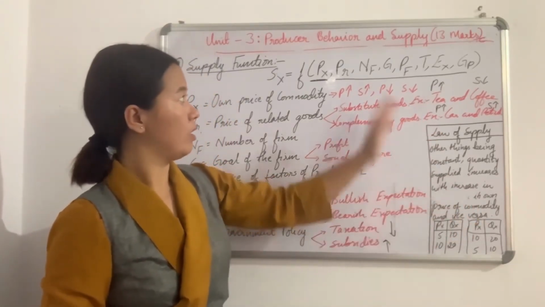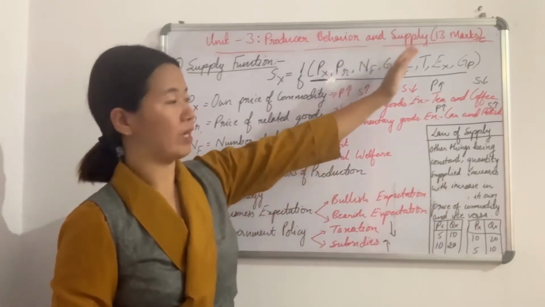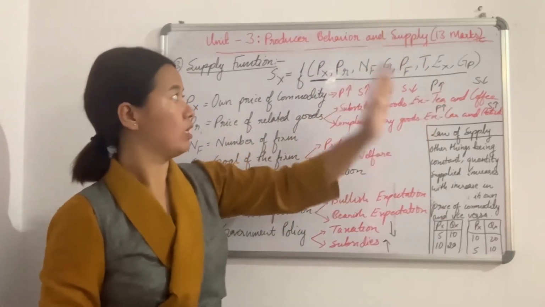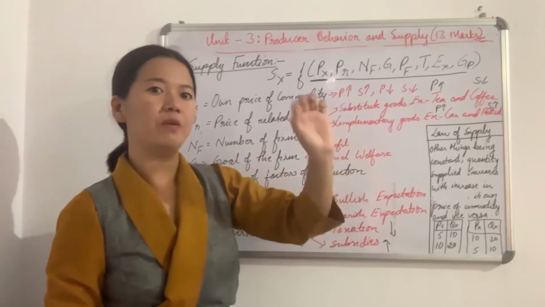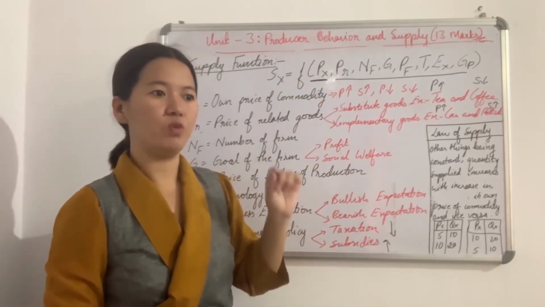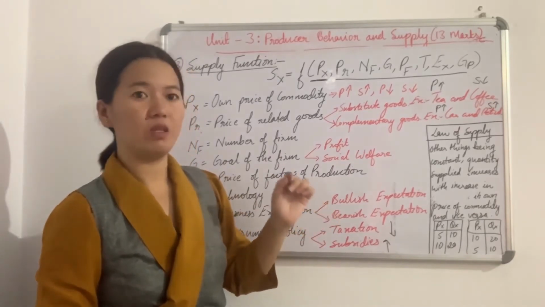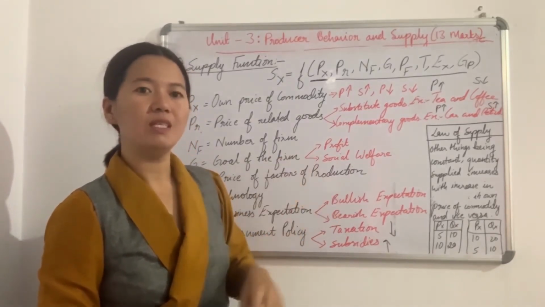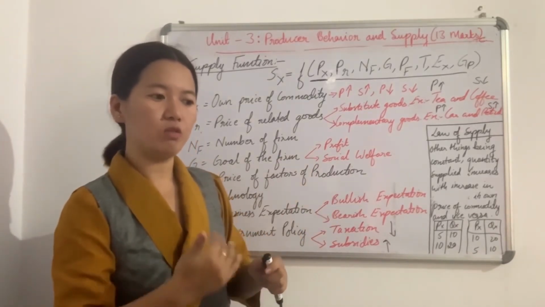It means that when we keep all other factors constant, and if only the price of the commodity increases, then the supply of the commodity would increase. And when the price of the commodity falls, then the supply of the commodity will also fall.